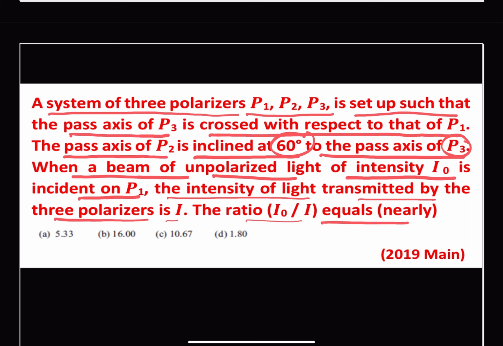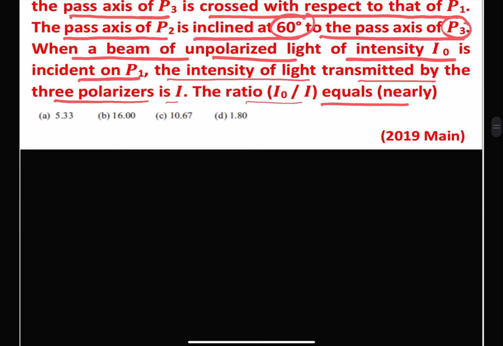So first of all, we have three polarizers. The first polarizer is P1, and we are given that unpolarized light falls on P1.